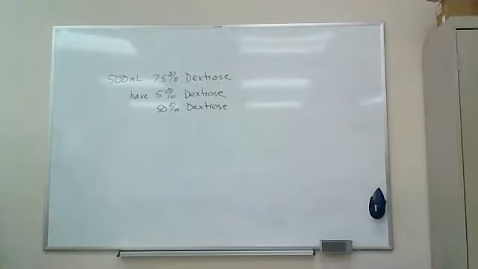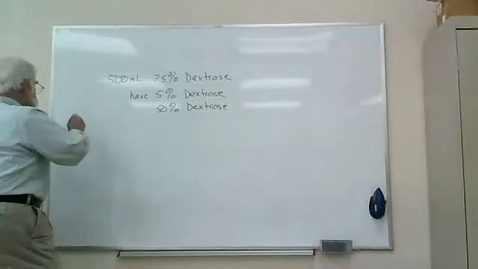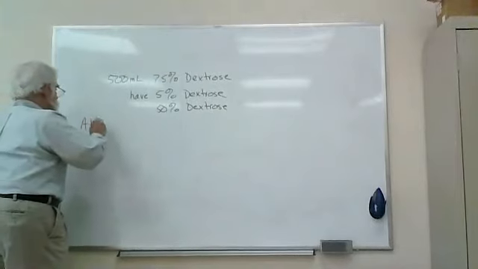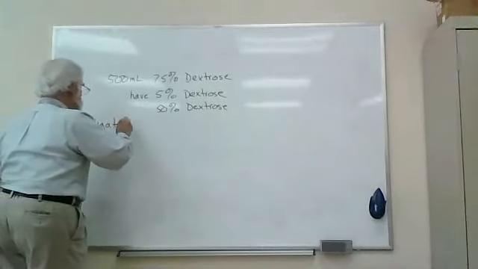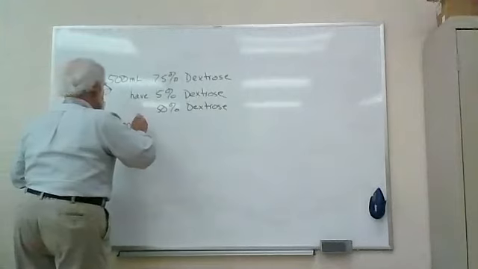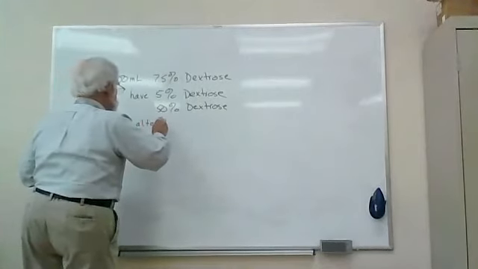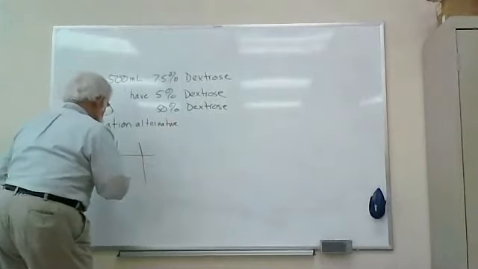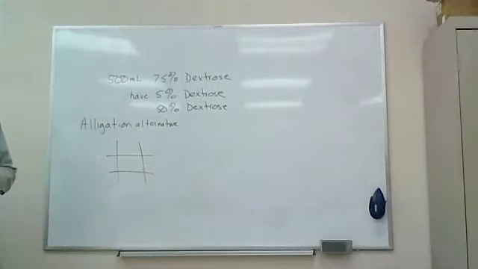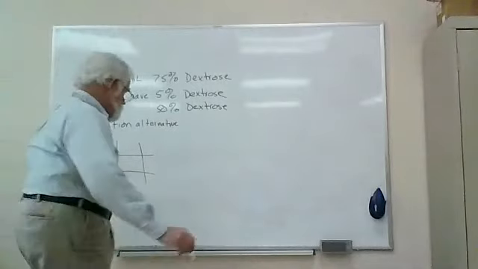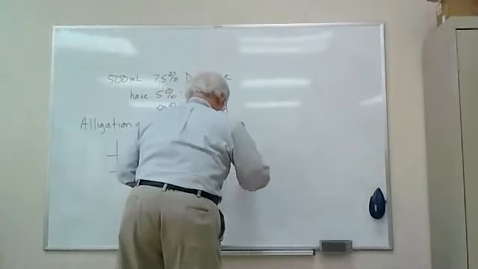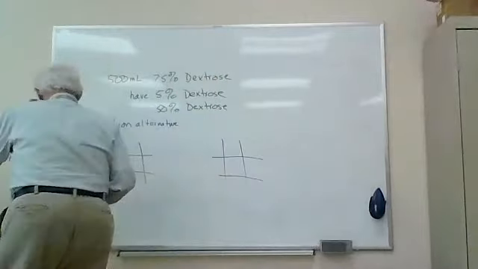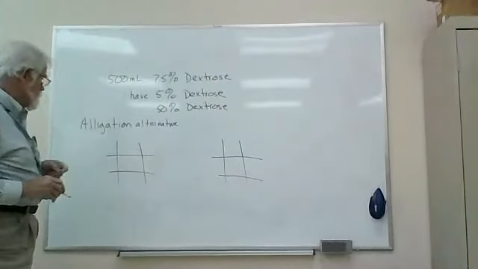Now this may look a little complicated, but there is a little rubric we call the alligation alternative. And it starts off as a tic-tac-toe board. Again, I'm going to construct two of them, one for the theoretical and one for the practical here.